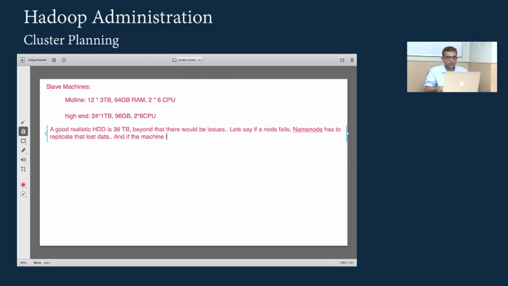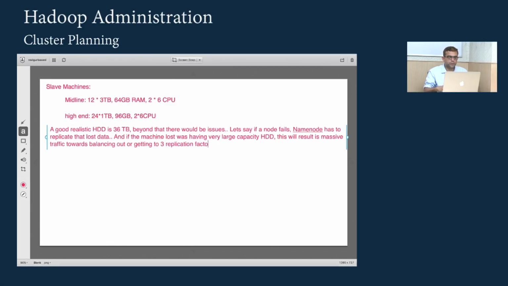And if the machine lost had a very large capacity hard disk, this will result in massive traffic towards balancing out or getting back to the replication factor of 3.